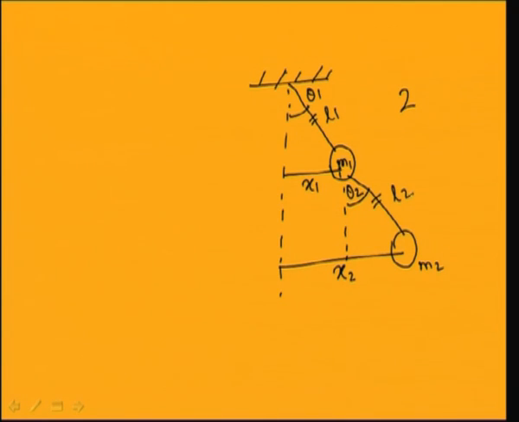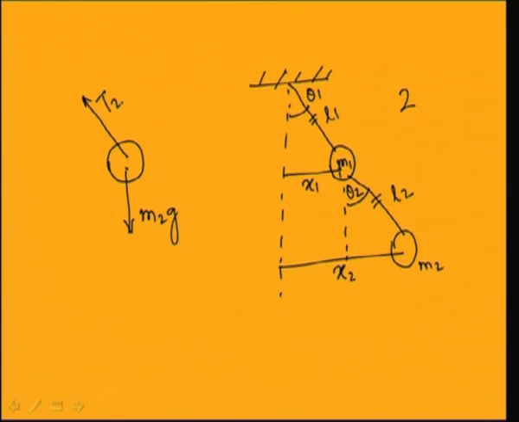So let me draw the free body diagram to derive this equation of motion using Newton's method. I have to draw the free body diagram of this mass and this mass. Let me draw for mass m2. The forces acting on this mass m2 are its weight, acting downward, which is m2g, and the tension T2.